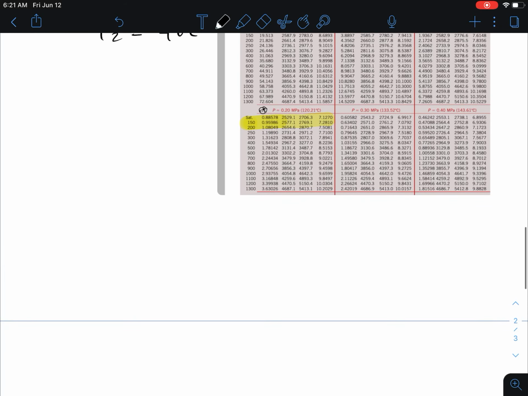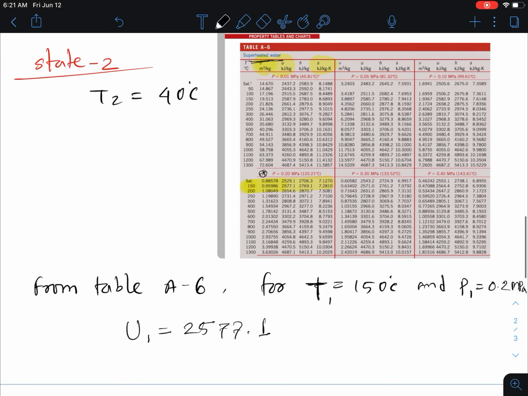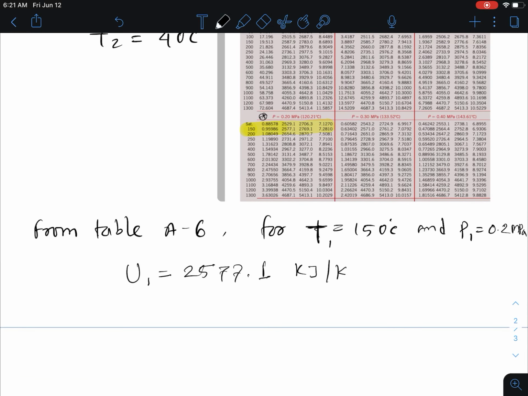So for state 1, from table A6, we have for T equals 150 degrees C and P1 equals 0.2 megapascal, the internal energy is 2577.1 kilojoule per kg.